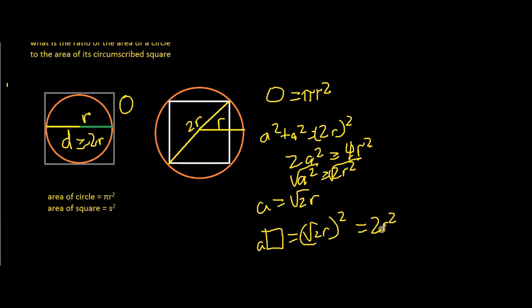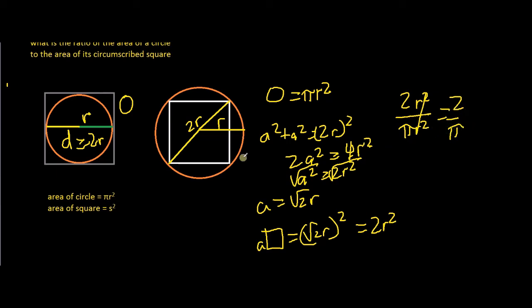We have the area of the square, 2r squared. So we want to know the ratio of this square to this circle. Well, we do the same thing we did before. Let's put the area of the square on top of the fraction, 2r squared, and the area of the circle on the bottom, pi r squared. These cancel out. So the ratio here is 2 over pi.